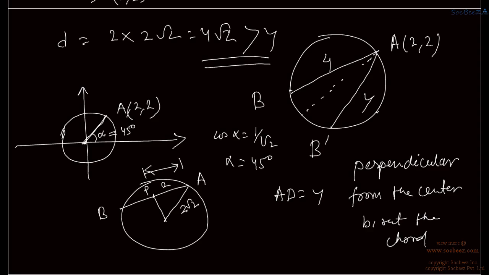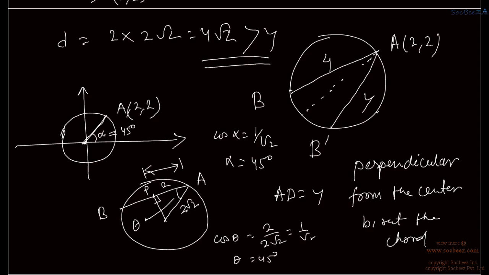So again we are noticing that this angle is 90 degrees. Say this angle is theta. So cos theta must be 2/2√2, right? That is 1/√2. So this theta is also 45 degrees.